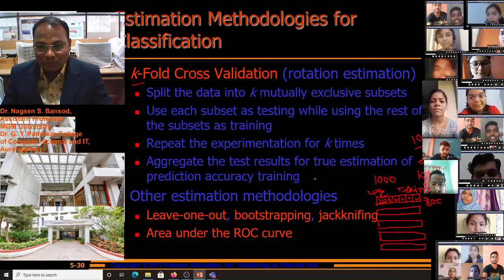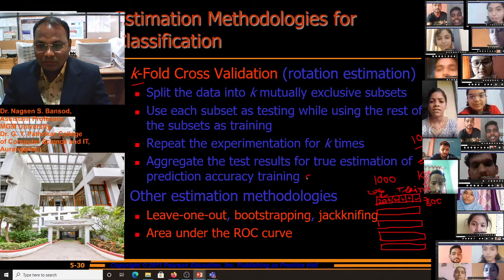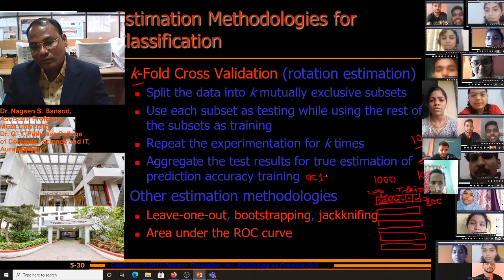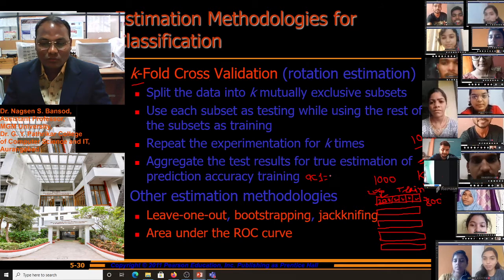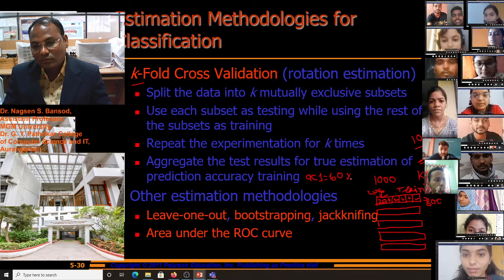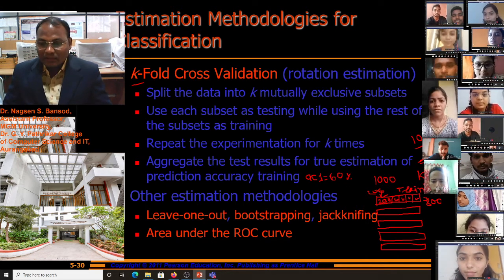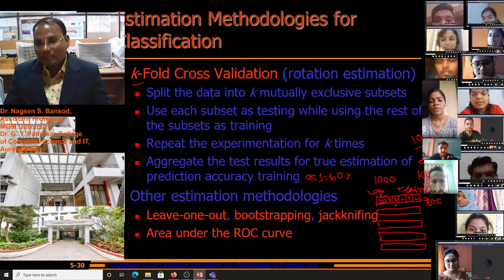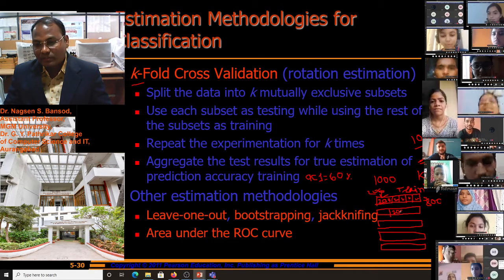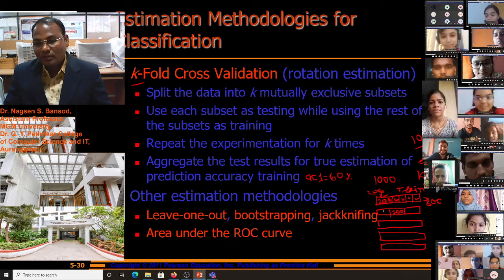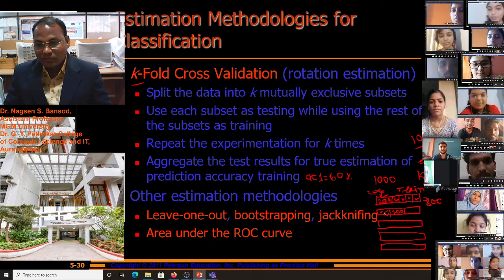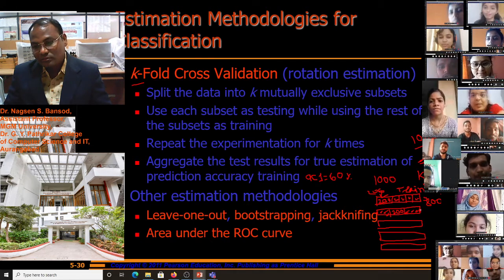And we will write here accuracy 1 equal to, suppose, 60%. Next time we will check the next 200 samples as testing, and the remaining part will be training.